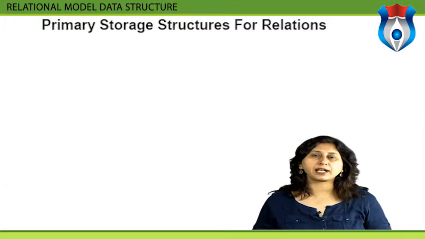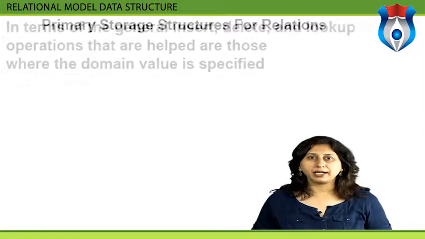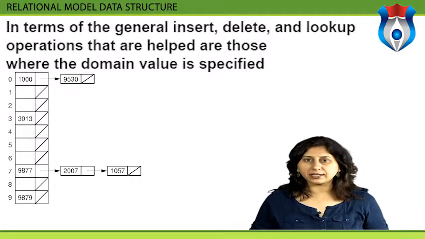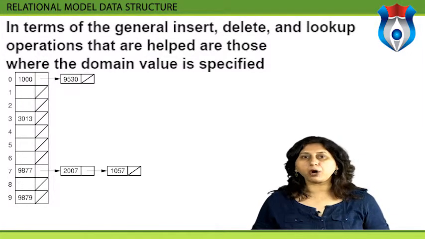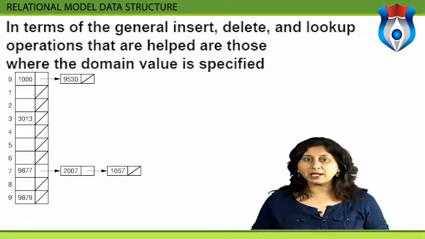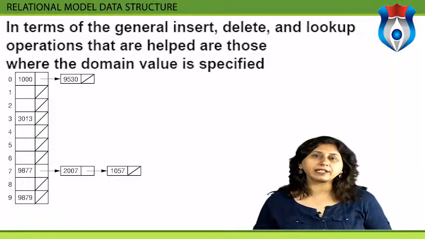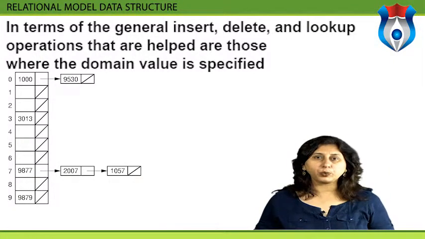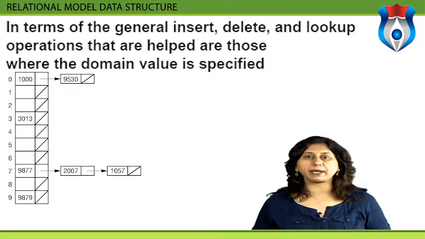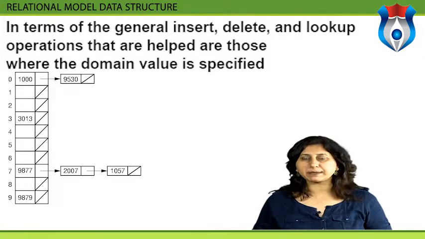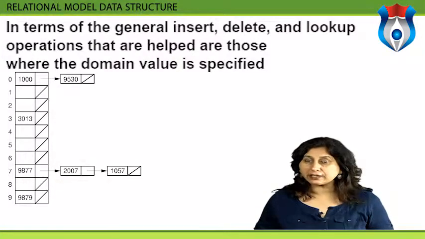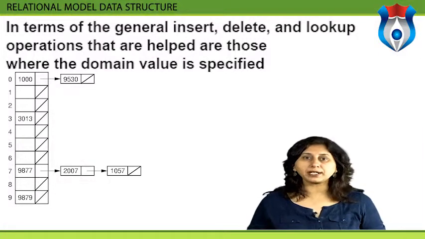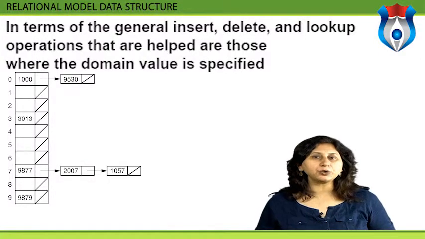Primary storage structures for relations. In terms of the general insert, delete and lookup operations, those that are helped are those where the domain value is specified. A binary search tree with a less than relation on domain values to guide the placement of tuples can serve to facilitate operations in which a domain value is specified.